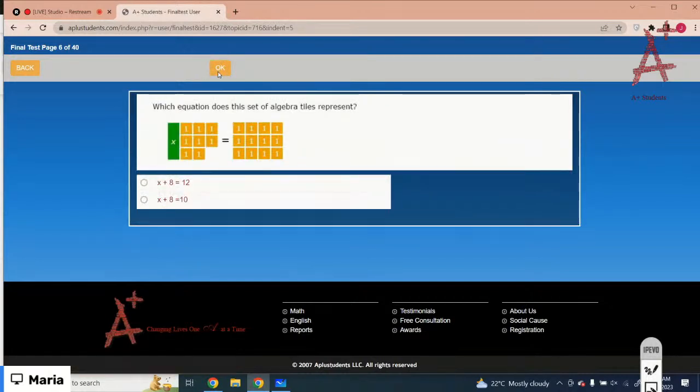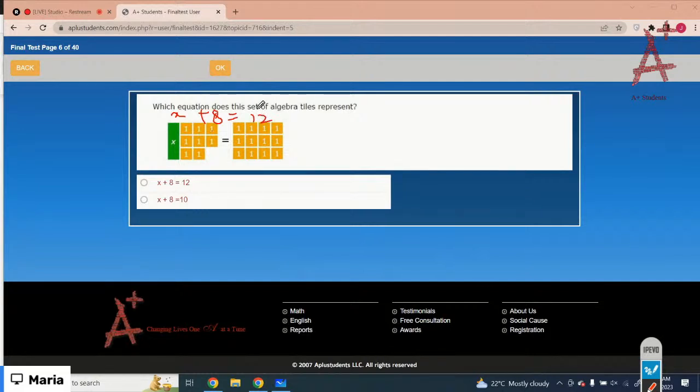Okay, the next one is which equation does the set of algebra tiles represent? So you have a single tile for x, so it would be x. Then you have 1, 2, 3, 4, 5, 6, 7, 8. It would be x plus 8. And here you have 1, 2, 3, 4, 5, 6, 7, 8, 9, 10, 11, 12.